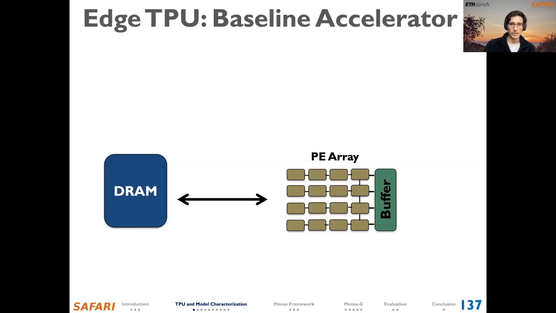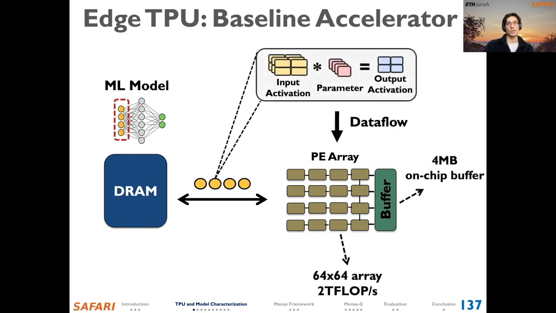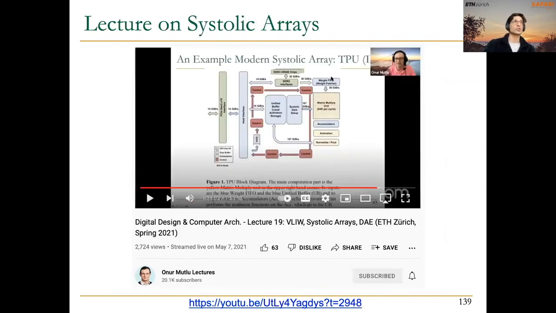In particular, this accelerator follows the systolic array model, where we have a two-dimensional array of processing elements that receive data from two of these sides and perform a matrix multiplication very efficiently, as Geraldo explained. You can take another look at this talk. Here you have the link to the corresponding lecture. But as I also said before, you can also watch Professor Mutlu's lecture on systolic arrays.